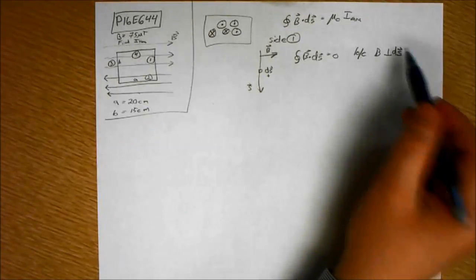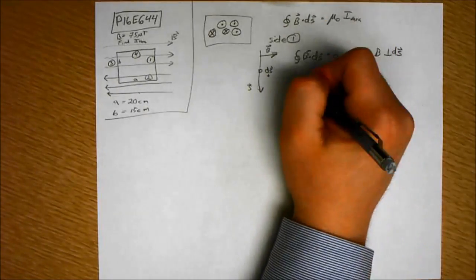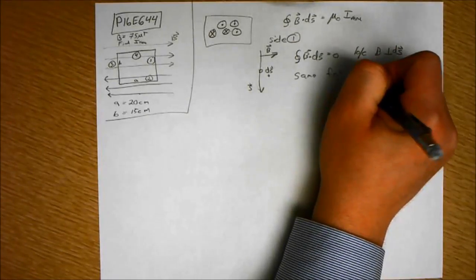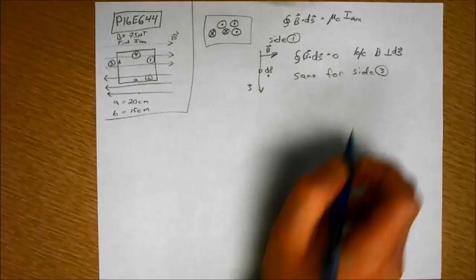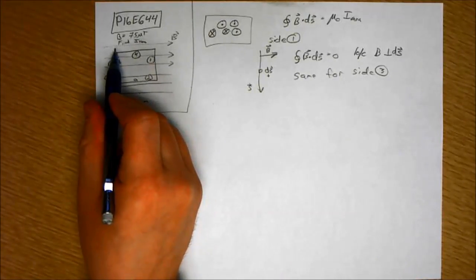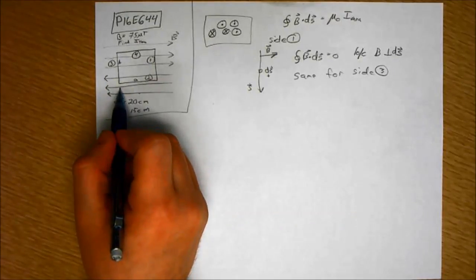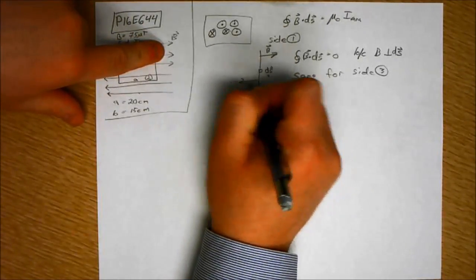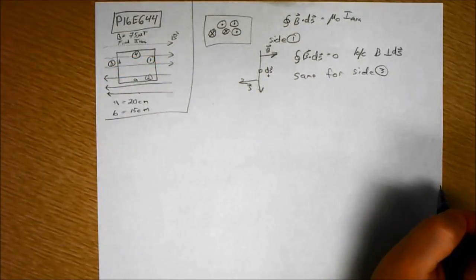It's a straight line, so it becomes this. This is the same for side 3. Same situation. The magnetic field is pointing this way, and you're integrating along this direction. Even though the magnetic field switches at some point, it's always perpendicular. So that equals 0.